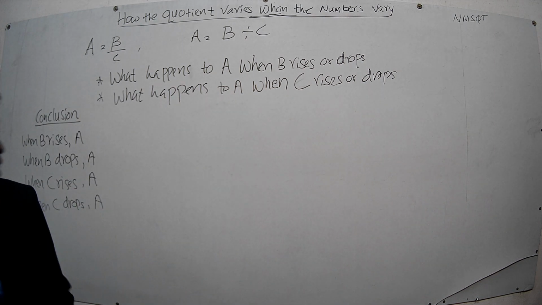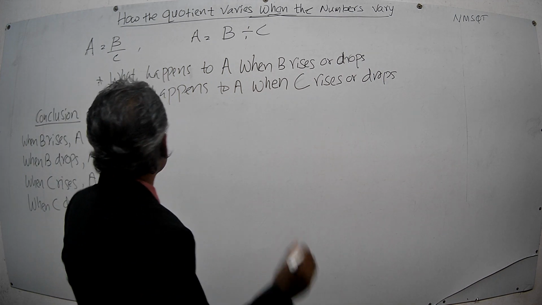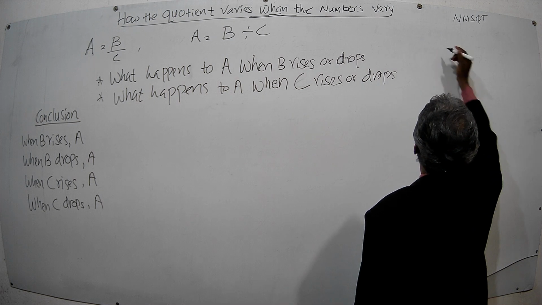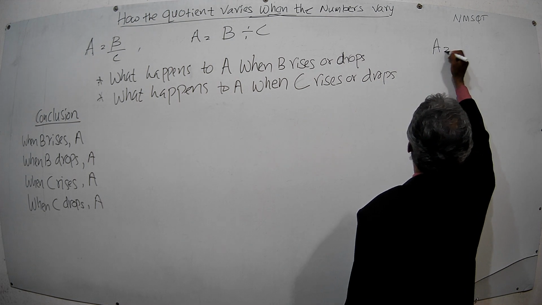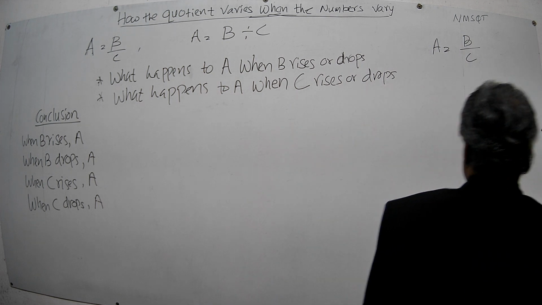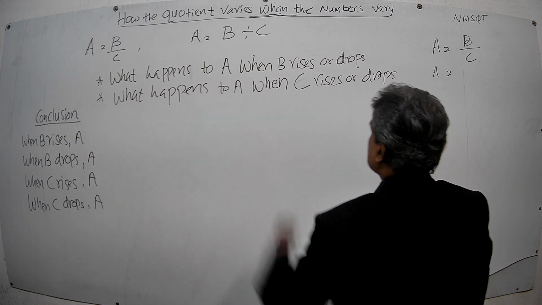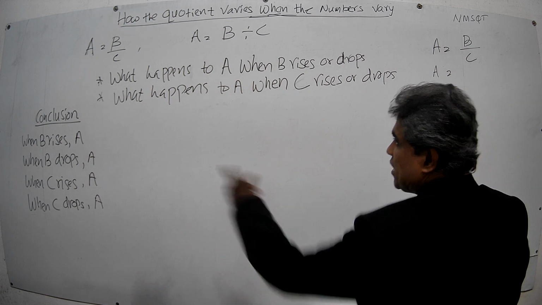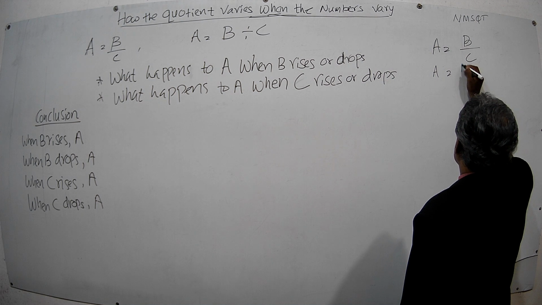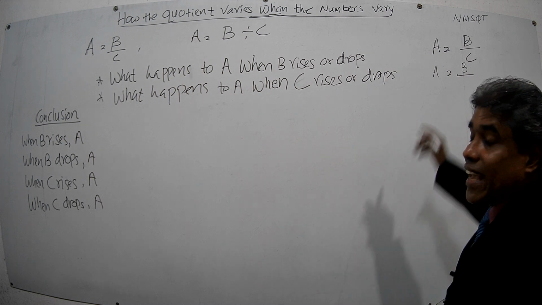For studying that, we take an example like this: A equals B over C. I am going to see how changes in B affect the quotient A. To study the effects of changes of B on A, I take C as a constant.